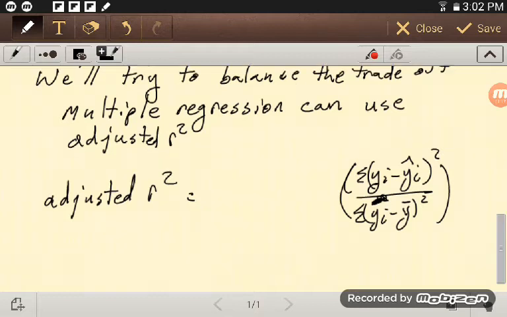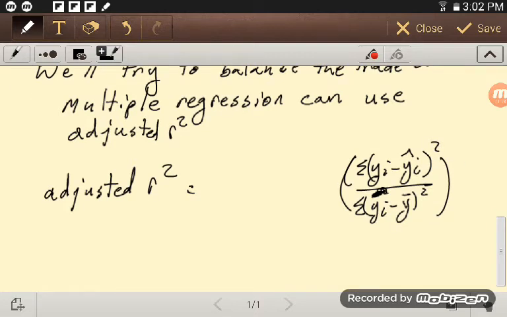We want to take that and multiply that by something that penalizes us for using more columns of data, because a parameter in multiple regression is a column of data. That might be going to x squared and x cubed and so forth, but to make those, you make columns of data.